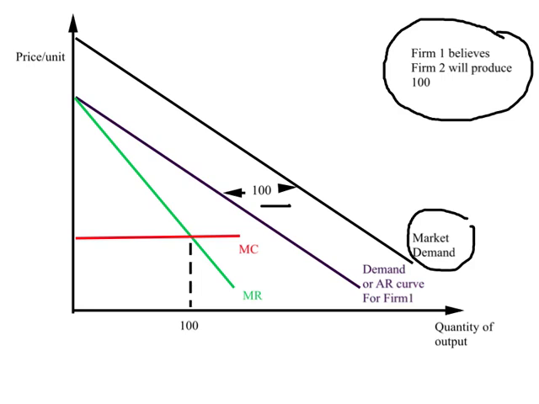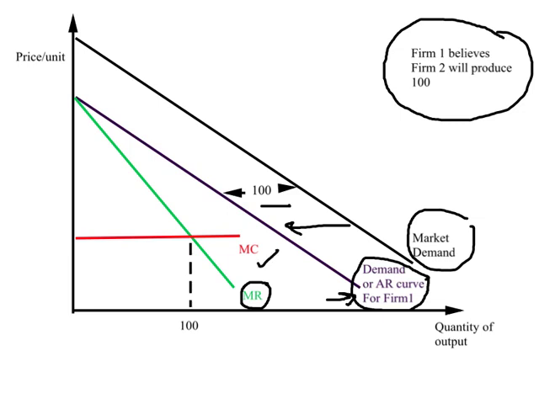So what we can do is remove 100 units of output from the market demand curve, and we derive a residual demand curve for firm 1 when firm 2 produces 100 units of output. Based on this residual demand curve, we can derive a residual MR curve for firm 1.